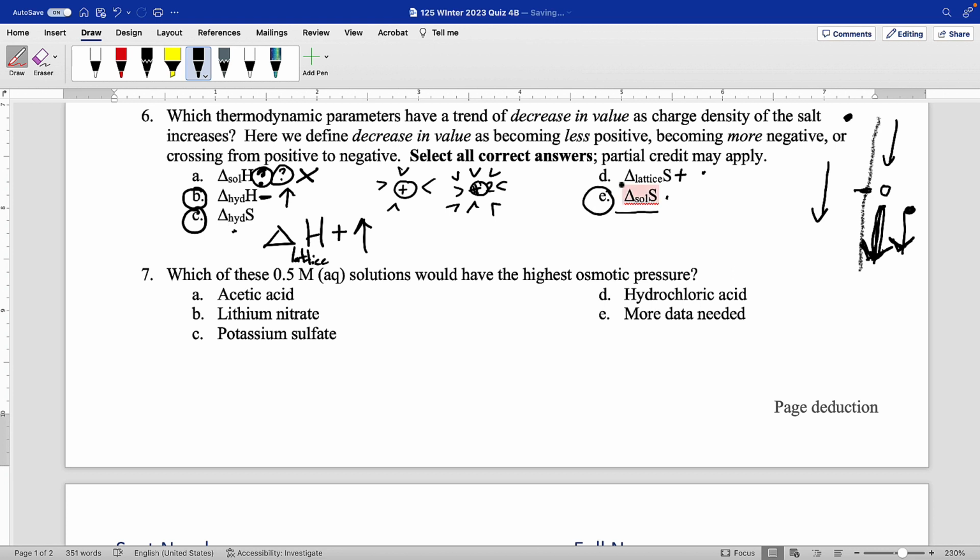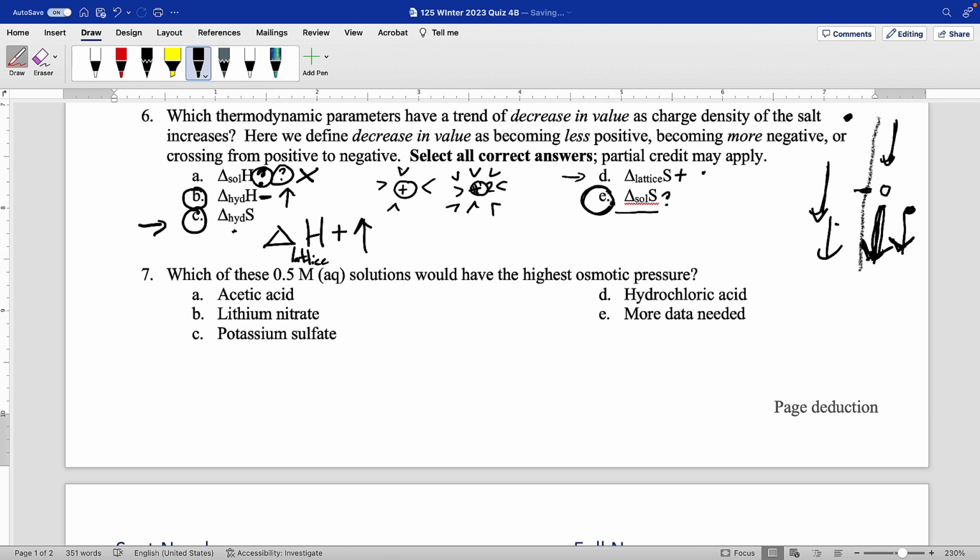So the entropy change of solution, we can't say at the onset if it's positive or negative because we don't know the initial values of the hydration entropy and the lattice entropy. What we can say is that whether it's positive or negative, it's going to get more and more negative, or it's going to switch from positive to negative, or it's going to be less positive if we increase charge density.